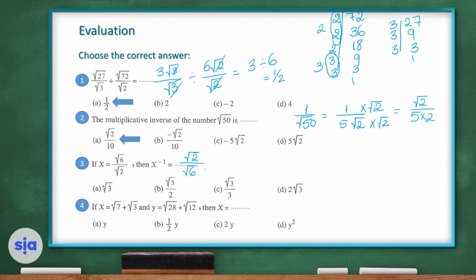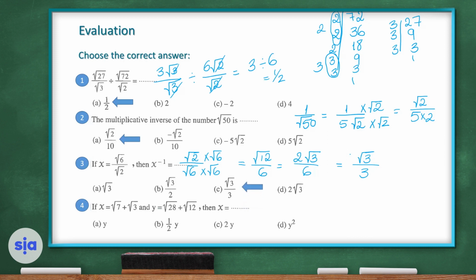To rationalize the denominator, we multiply up and down by root 6. So it will be square root of 12 over 6. If we put root 12 in the simplest form, it will be 2 square root of 3 over 6. If you divide 2 over 6, it's 1 over 3. Then it's square root of 3 over 3. So here, the right answer is choice C.